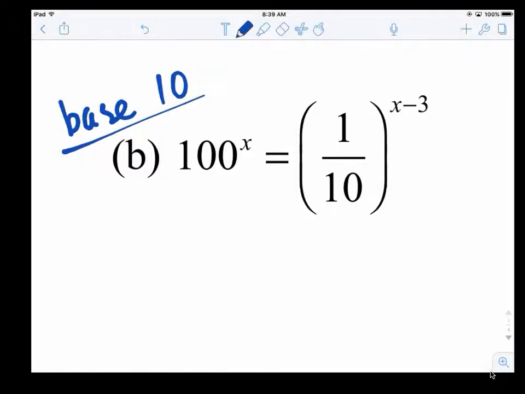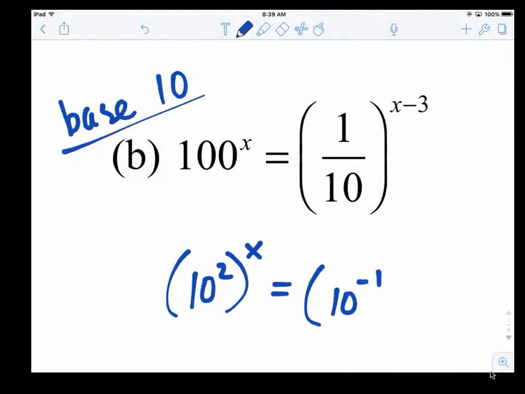What is 100 the same thing as? 10 squared. So I have 10 squared to the x, and then 1 over 10 is the same thing as what? 10 to the negative first.